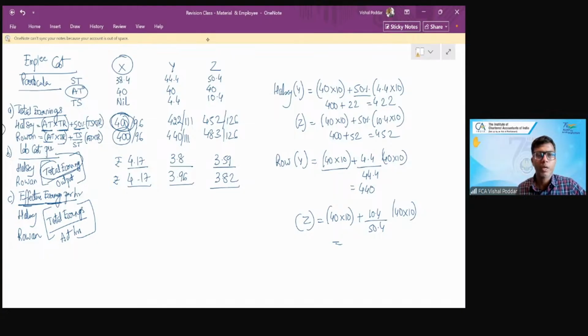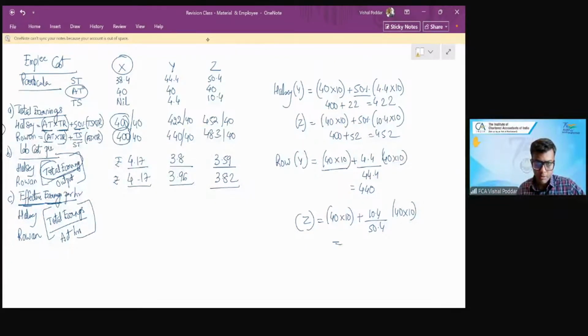We already have the total earnings, so this will be divided by the hours for which you have actually worked. Everybody has worked for 40 hours. So simply divide this earnings by 40 hours. You get the answer.